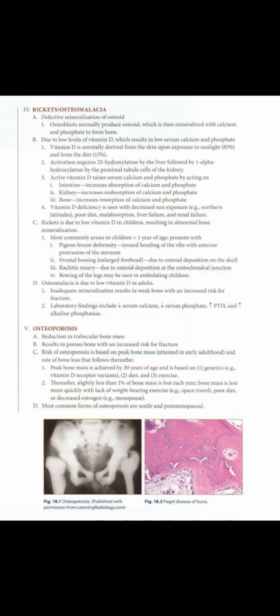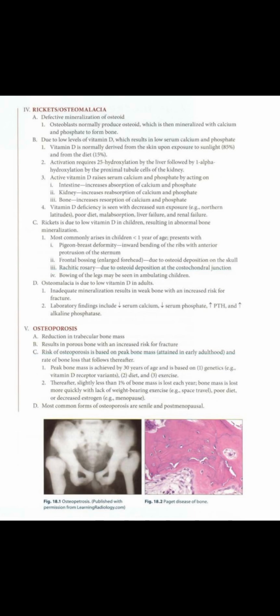Most commonly arises in children less than 1 year of age, presents with pigeon breast deformity, inward bending of the ribs with anterior protrusion of the sternum, frontal bossing, enlarged forehead due to osteoid deposition on the skull, rachitic rosary due to osteoid deposition at the costochondral junction. Bowing of the legs may be seen in ambulating children.